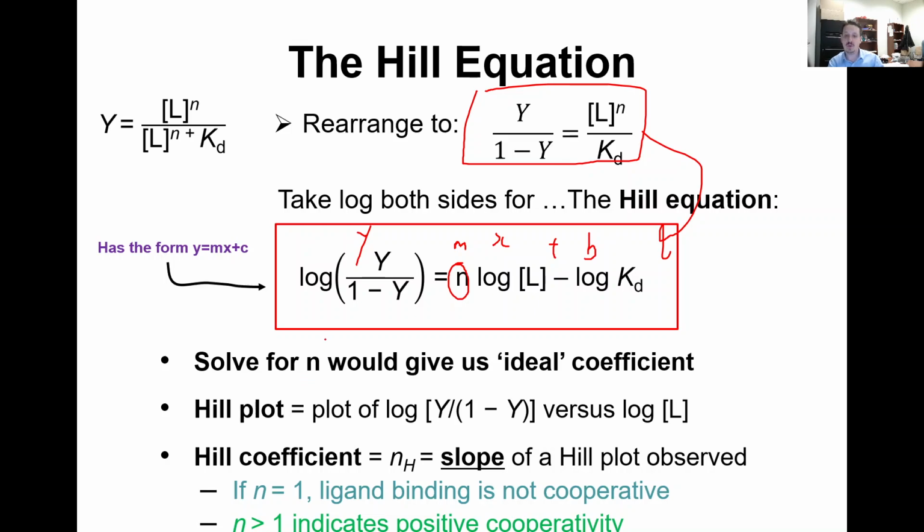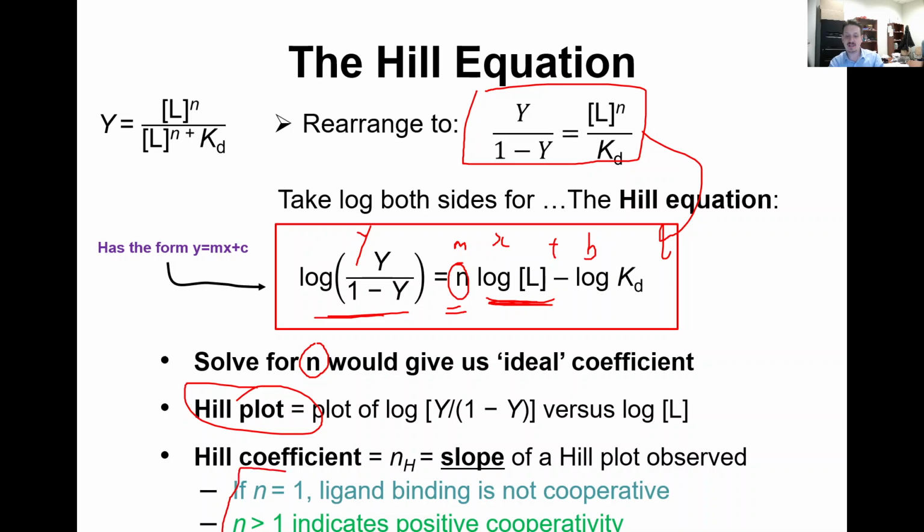And if we solve for n, then that will tell us whether or not a modulator is having a positive or a negative effect, requiring more or less ligand to fill the protein, and can quantify the extent to which that happens. And we can plot that on a Hill plot, a plot of y versus x.